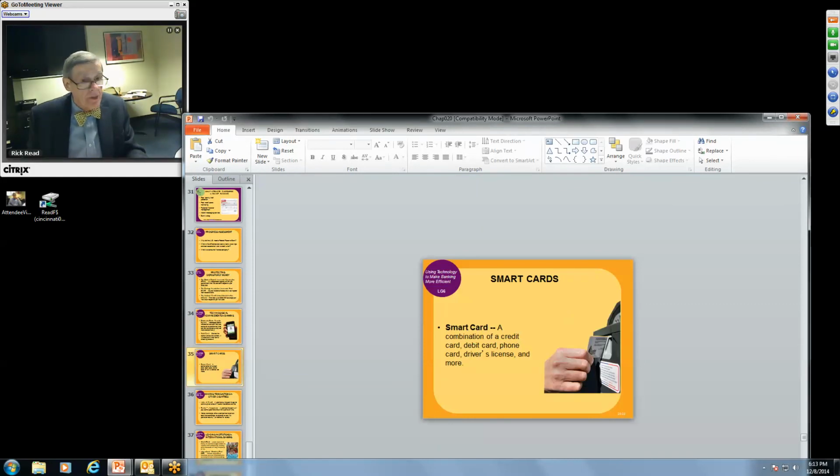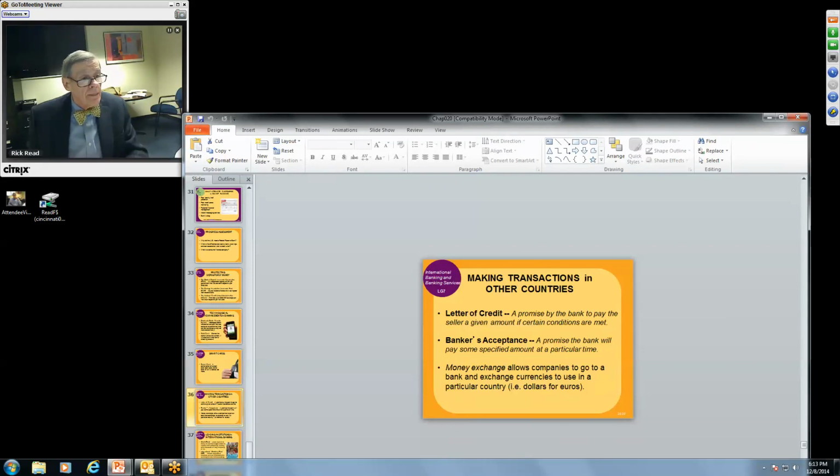Smart card, a combination of credit card, debit card, etc. Other types of transactions in other countries: a letter of credit simply means that the bank has promised to pay this amount of money. Notice the tagline: certain conditions prevail.